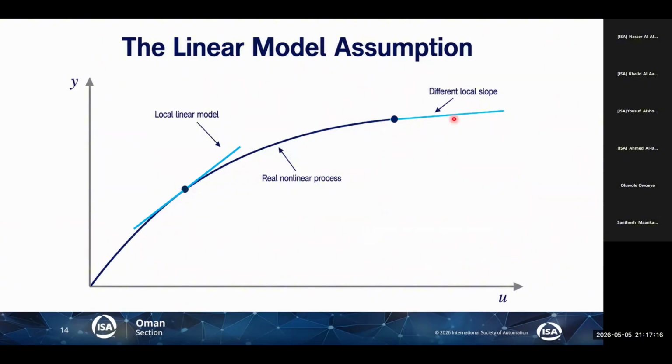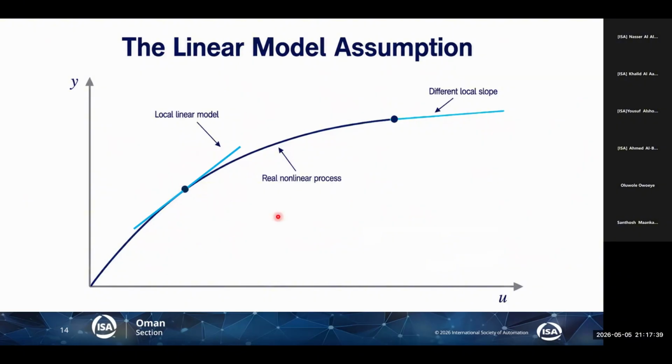That slope is your gain. You built a model here, but another time, after maybe 2 years, you step test different conditions, and you realize, no, actually the gain between MV1 and CV1 is this one here. It is nonlinear. It's known.